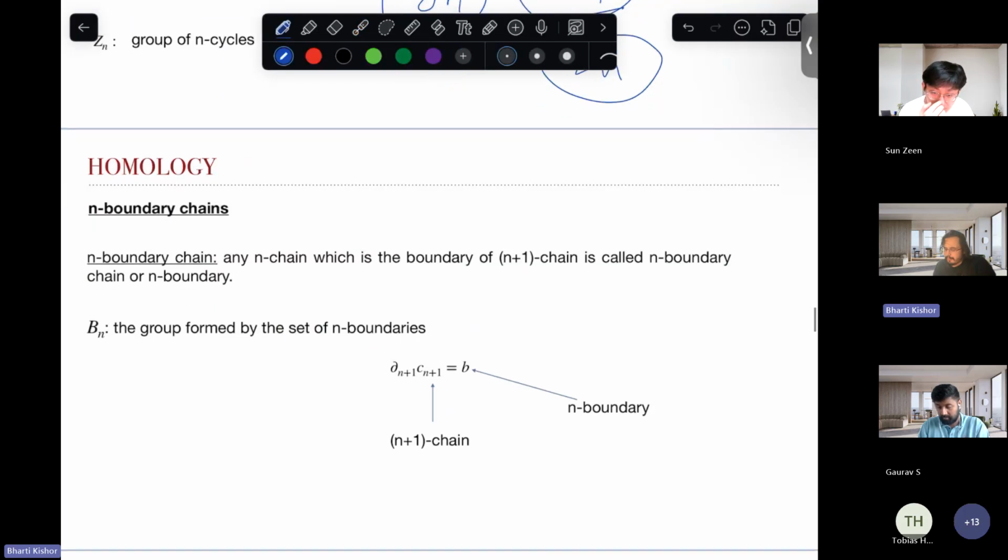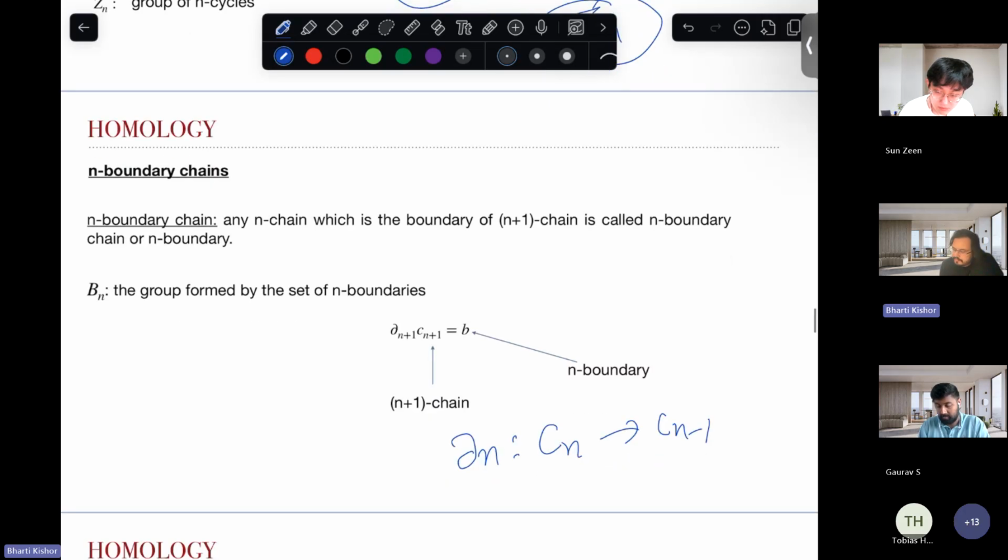So if you look at it, here it's written in delta n plus 1, but now let's write everything in terms of delta n, and we will see things come out. So we had delta n, which takes us from Cn to Cn minus 1.